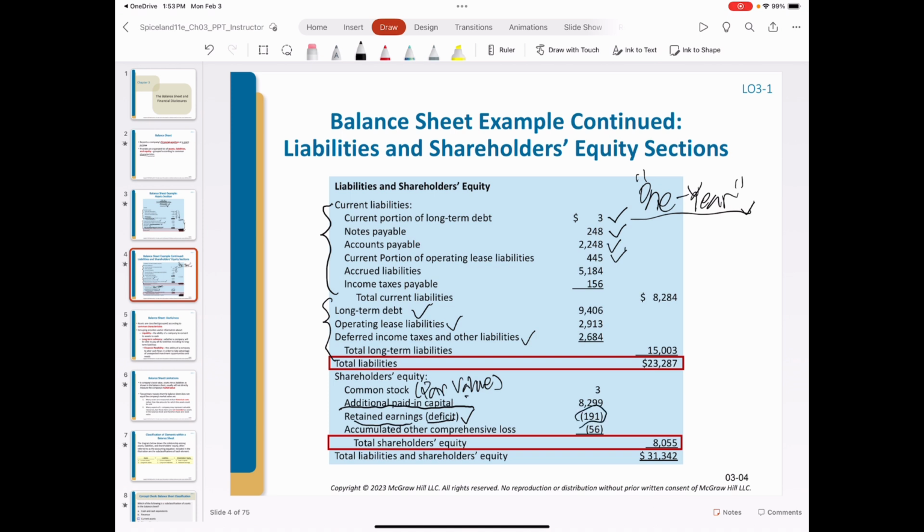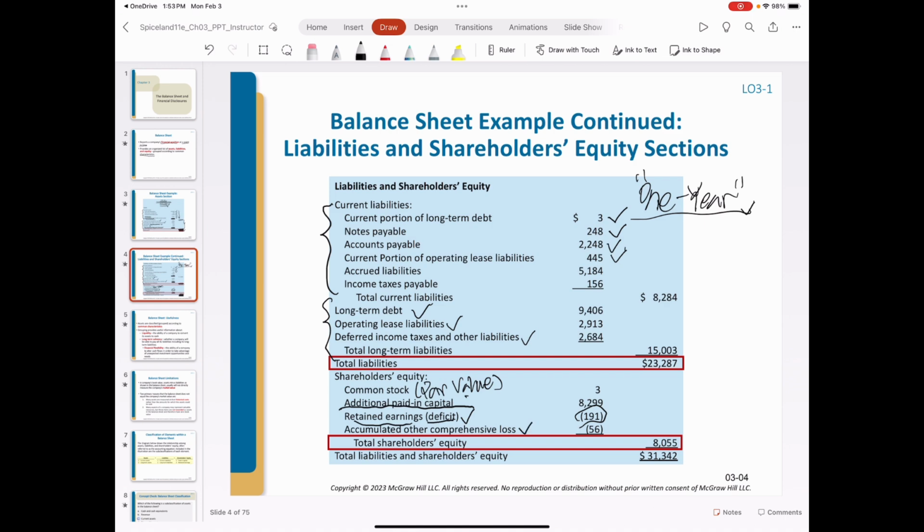We can see Nike's retained earnings was negative $191 million. But it doesn't mean Nike doesn't make profits or accumulate profits, because Nike buys back stock every year, and the stock repurchase reduces the retained earnings.